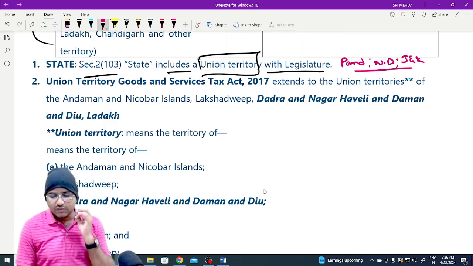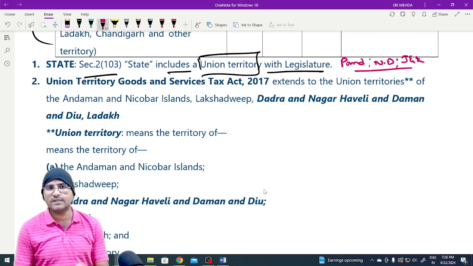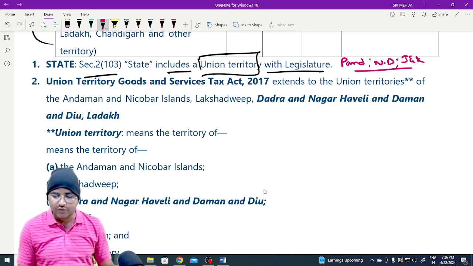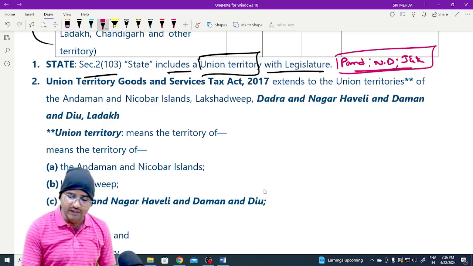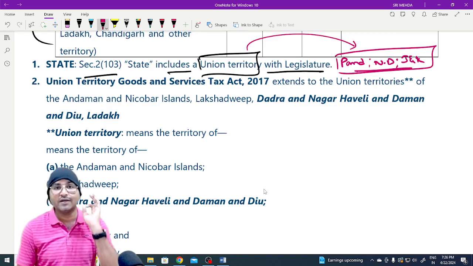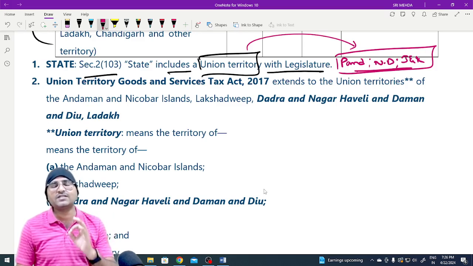So for the purpose of the GST Act, you have to presume these 3 union territories as a state.